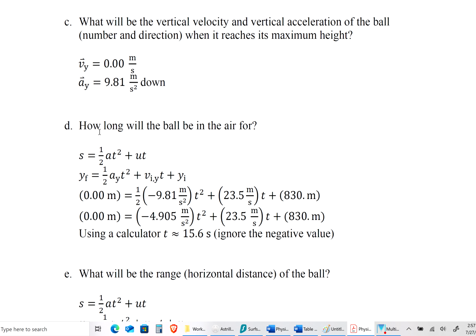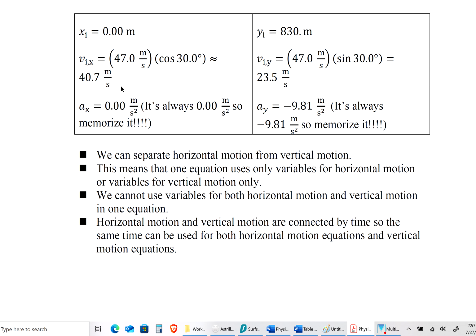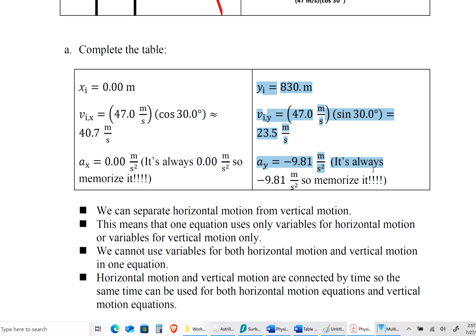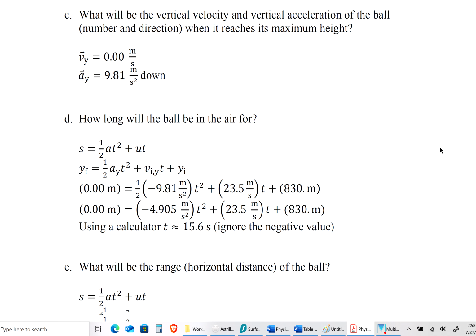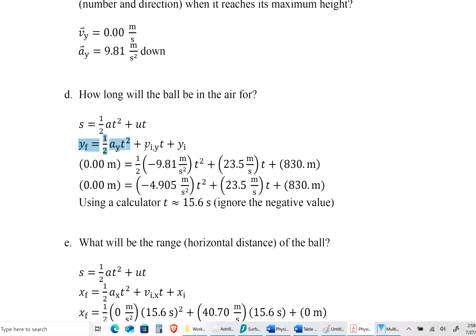Part D, how long will the ball be in the air for? It says how long will the ball be in the air. So just like the previous problem, we're only going to look at the variables for the vertical direction. So taking this equation, y initial is 830 meters from the question, y final is going to be 0 when it strikes the ground.